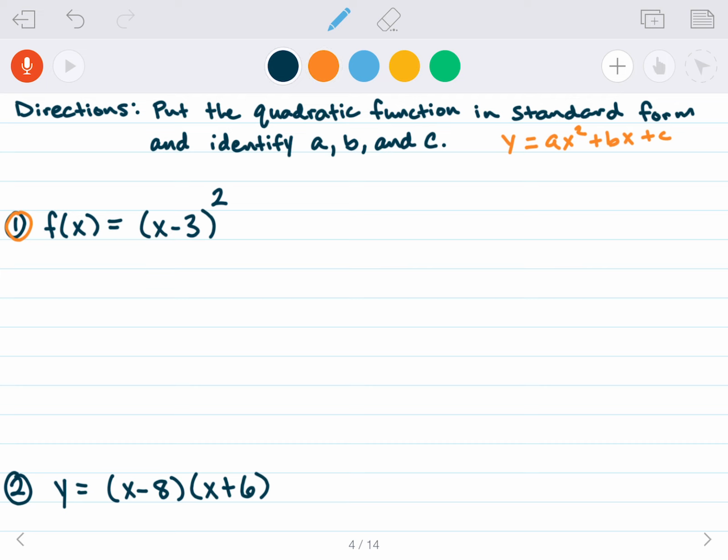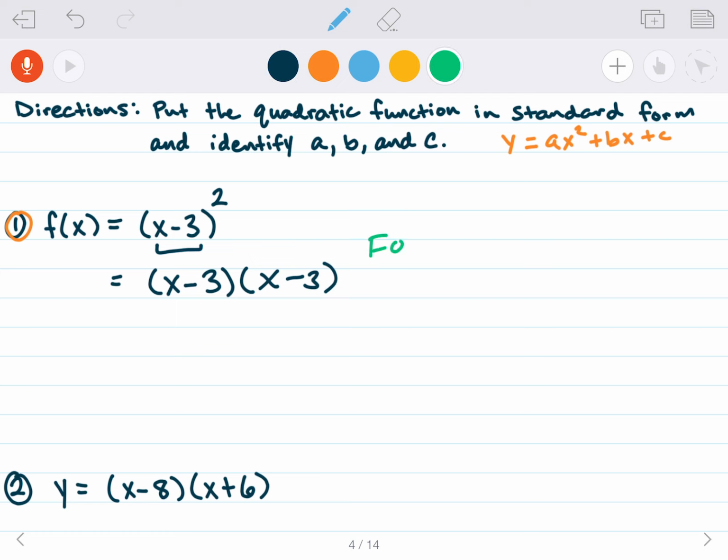Basically we're just trying to simplify this until we get something that looks like standard form. Right now it doesn't, so when I say something is squared, I mean we're going to multiply it by itself. So 2 squared is 2 times 2, and x minus 3 squared is x minus 3 times x minus 3.